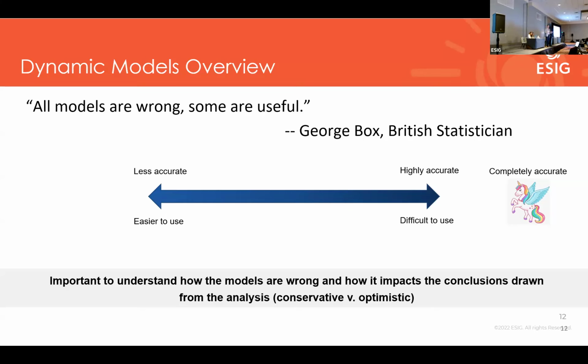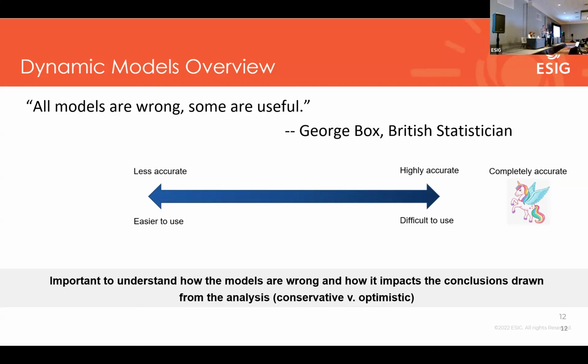They're all wrong, and the question is they're wrong in different ways, in different aspects. Of course, I say this tongue in cheek, but they're also very right in a lot of ways. Understanding the ways in which they're limited and the ways in which they have high fidelity is really important when you conduct a study and then need to draw conclusions from that study.